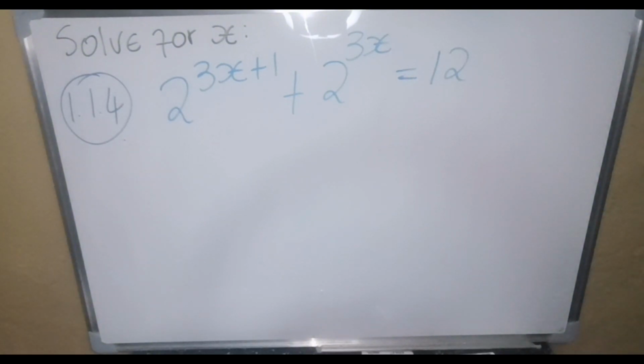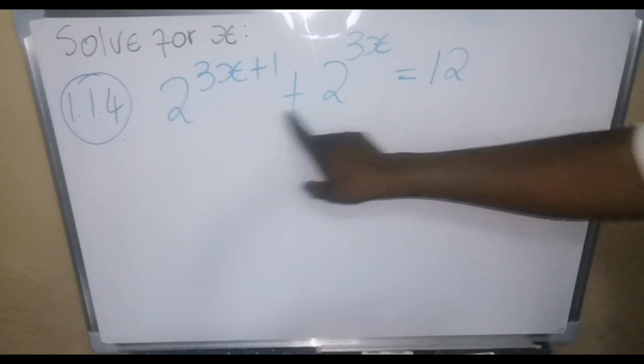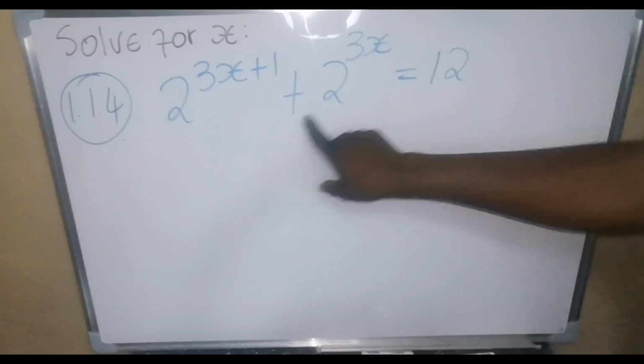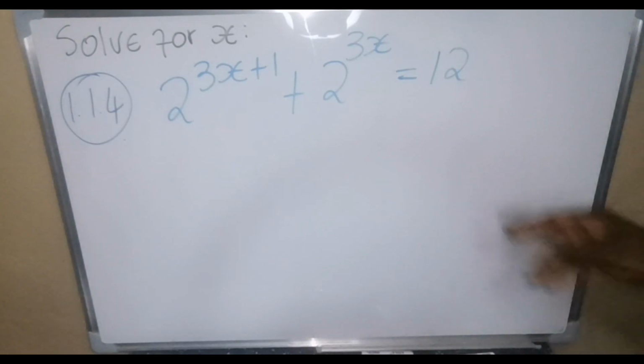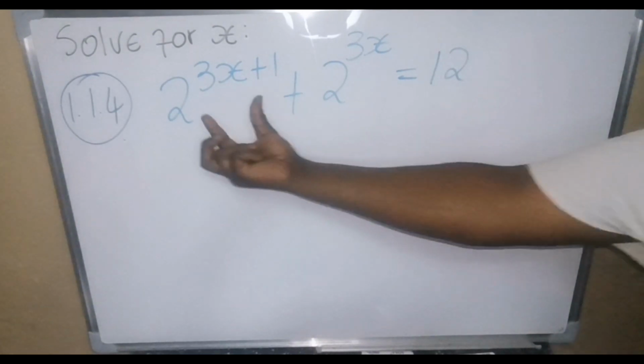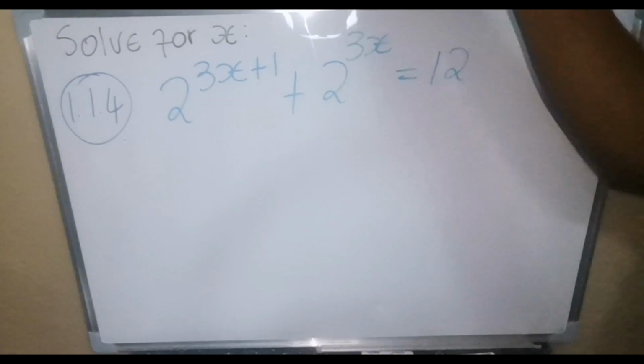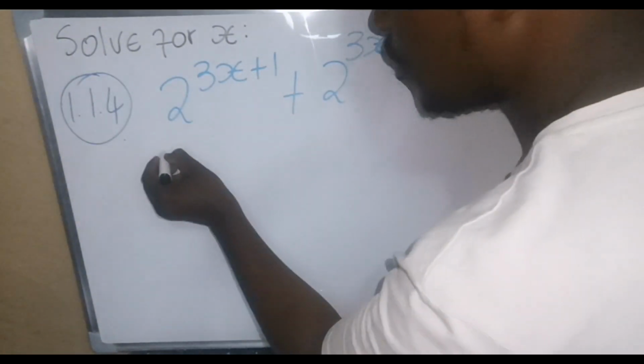Again, the aim here is to make sure that your bases are the same. Now, our bases are the same here, but this one is not the same as this 2. How are we going to make sure that all the exponents have the same base? Just break these exponents into simpler terms.